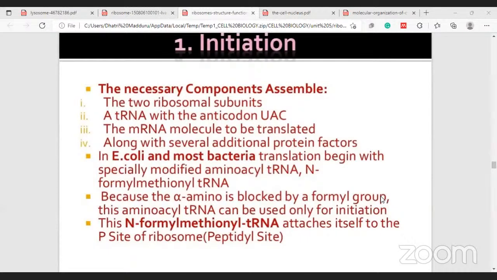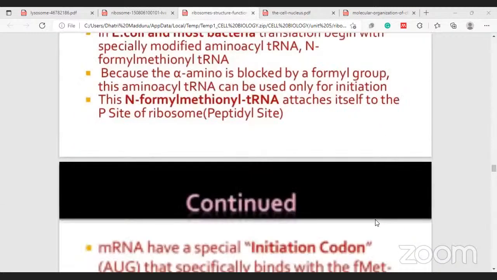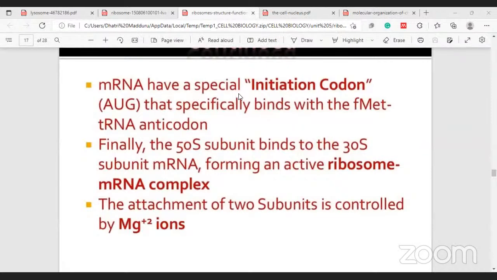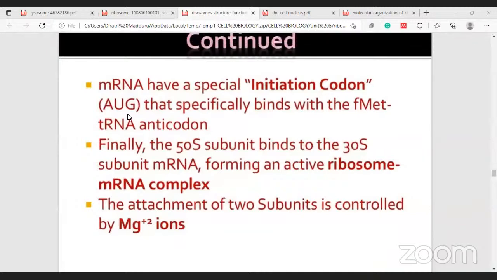This N-formyl methionine tRNA attaches itself to the P site of the ribosome, the peptidyl site. And the mRNA has a specific initiation codon, which is AUG. This is universal, so anywhere the start codon will be AUG.